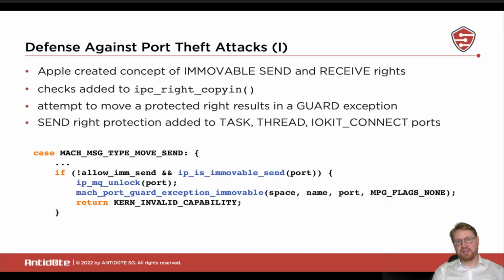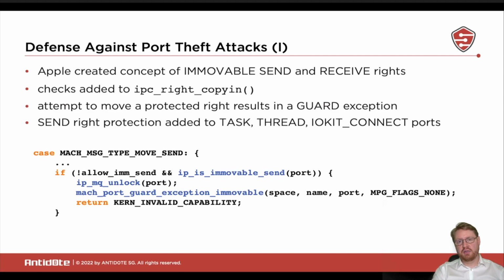So basically the process dies more or less, and you cannot steal the port from it. For receive rights, there's the same kind of protection, and for send rights, this protection is, for example, automatically applied to all task control, thread control, and IOKit connect ports.